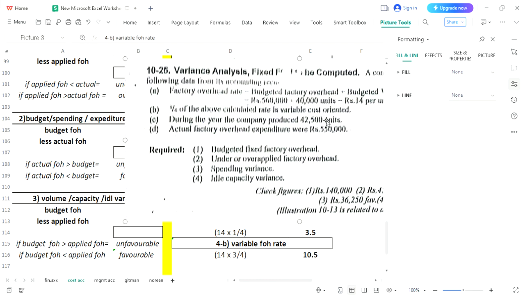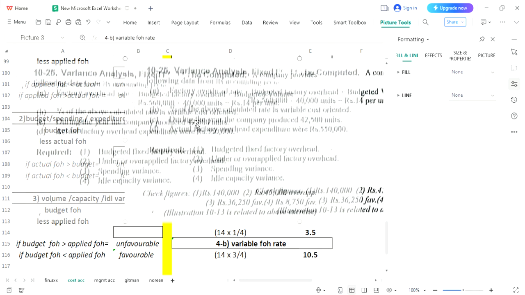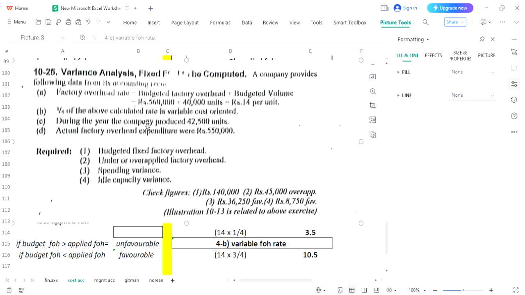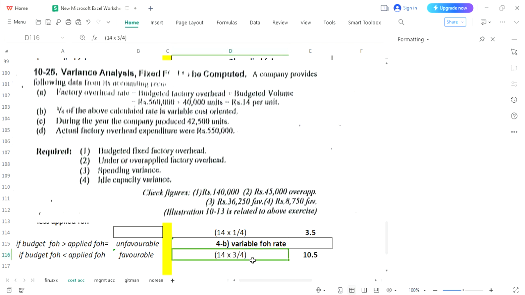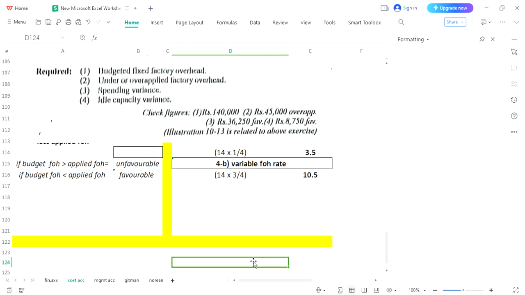Okay, now see that for variable FH, 3 by 4 is variable. The total cost you can see is 5,60,000. Again, we can calculate variable and fixed FH in the way we have calculated the rates. Please look at here.